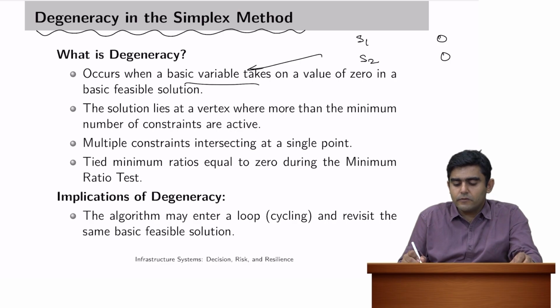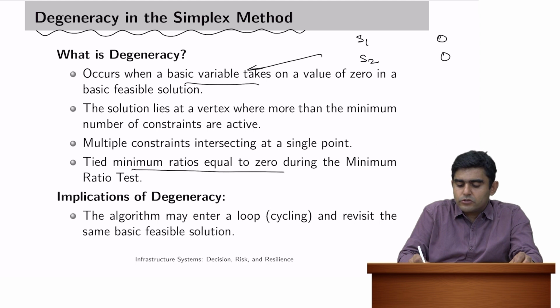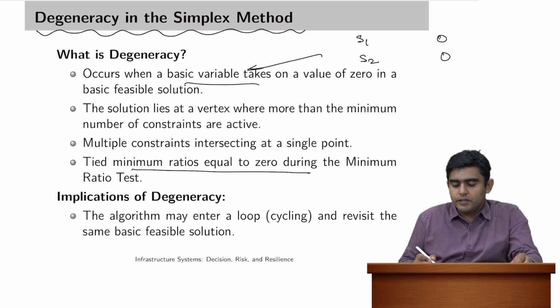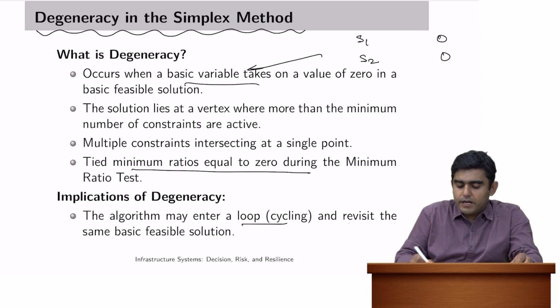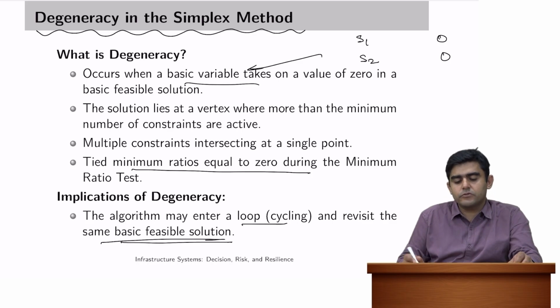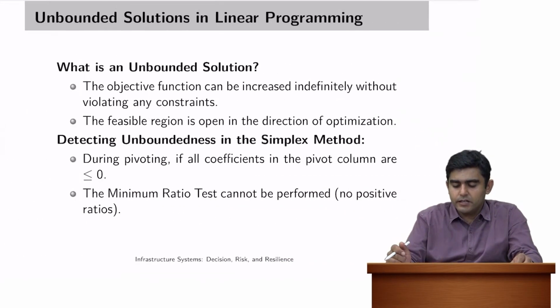As a result, the minimum ratios also become equal to 0, and the algorithm may enter a loop and revisit the same basic feasible solution again and again. And this is again where Bland's rule helps us to get rid of this tie if there is multiple degeneracy in the solution.